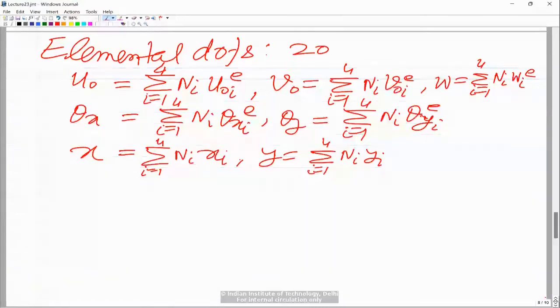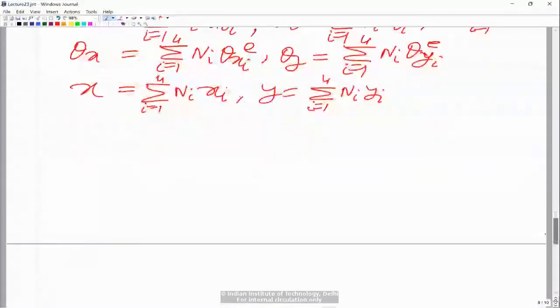Now if we want to write this whole interpolation in terms of the interpolation matrix H and the vector of elemental degrees of freedom, let me write that. So we write u naught, v naught, w, theta x, and theta y, these 5 unknown variables.